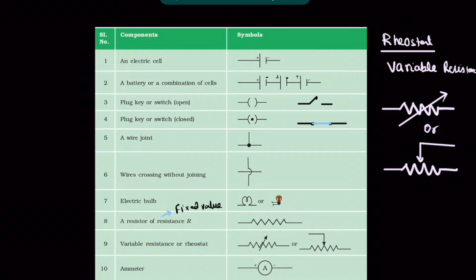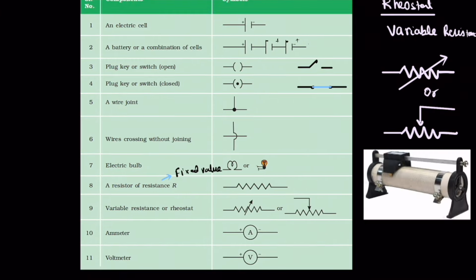I can also show you how this rheostat looks. This is a rheostat. Here you see this black part. This is movable. We can move it from left to right. So it has a specific range. It starts from 0 and goes up to a certain range.